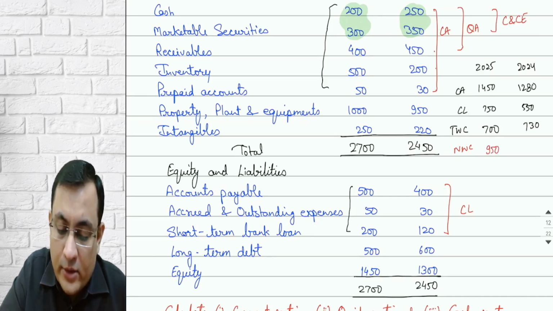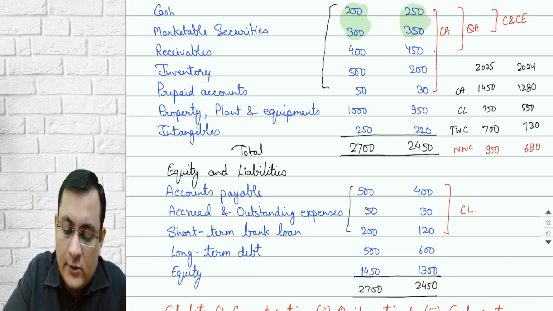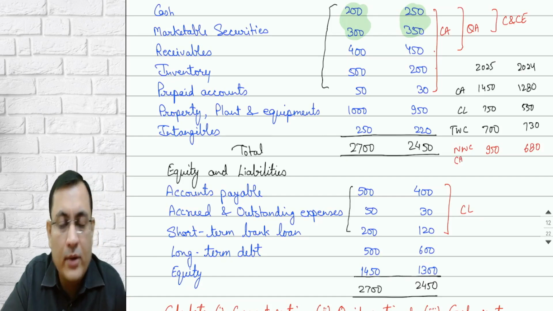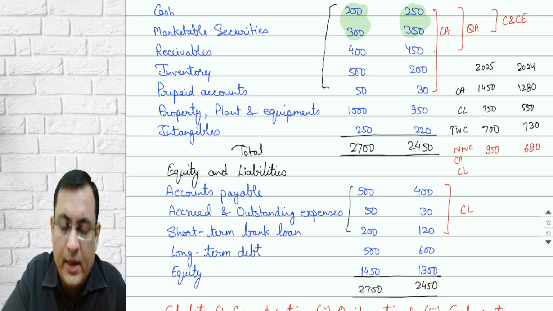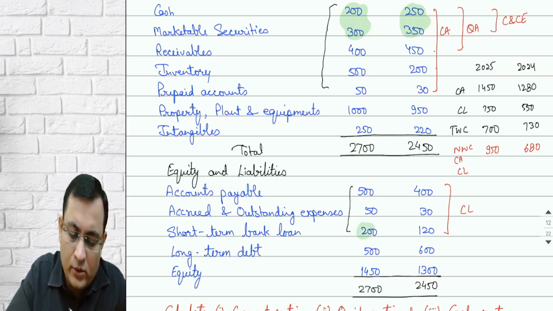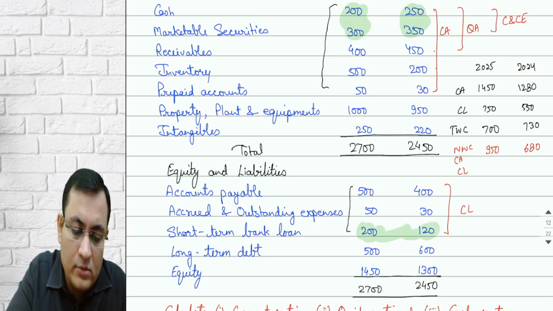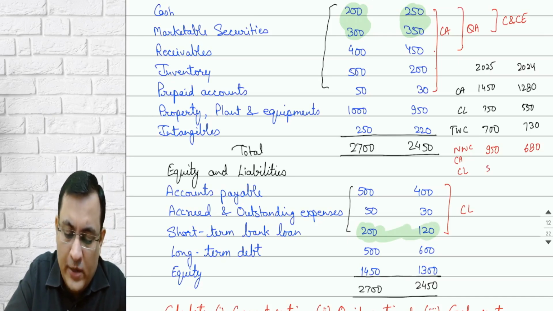And here we are going to exclude 600, so it is 680. This is your CA for net working capital, and then current liability excluding short-term debt. Excluding short-term debt means we are going to ignore this 200 and 120. So we have current liability for NWC as 550 and here it is 430. So what is your NWC?